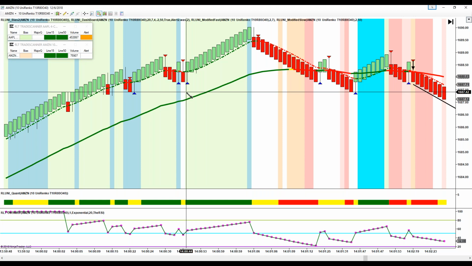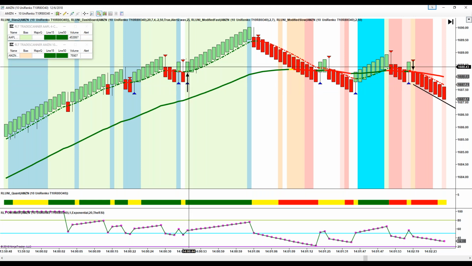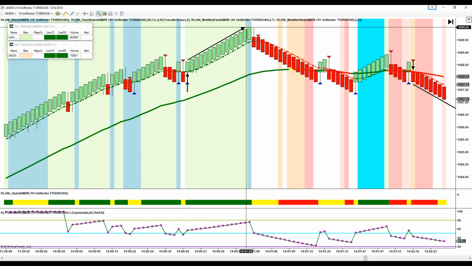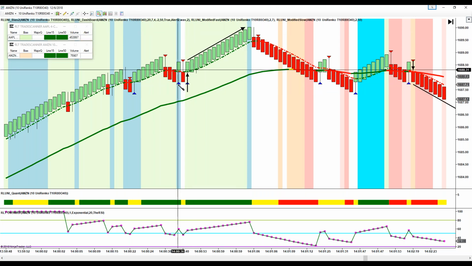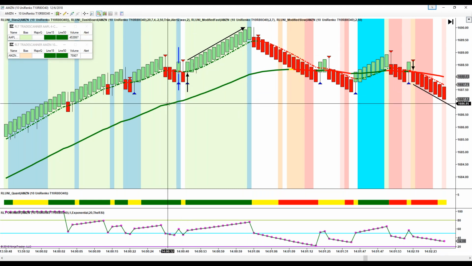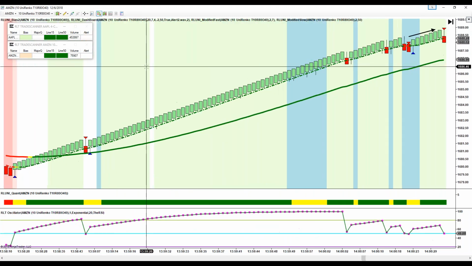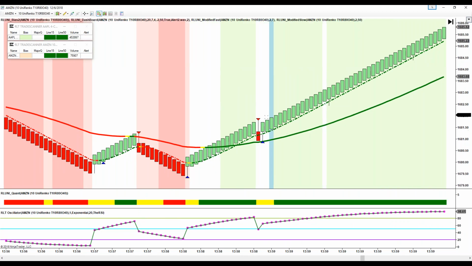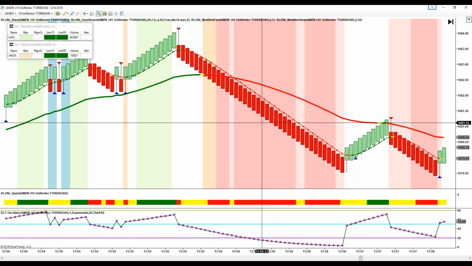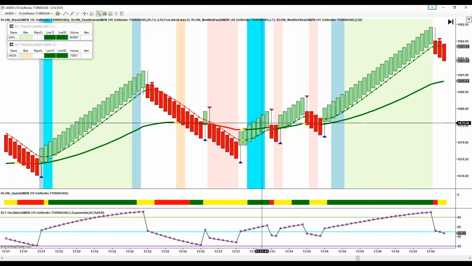Here's another winner right here. And you'll see here, you don't have the right background bias. So you get no scanner alert for this long trade. Here, no appropriate background, no scanner alert. And you just have too many candles.